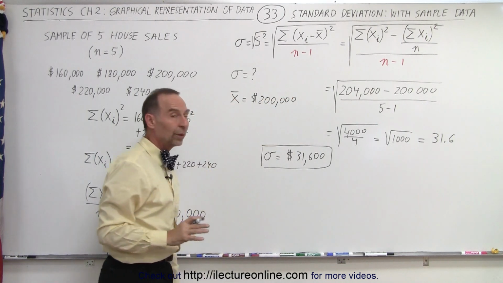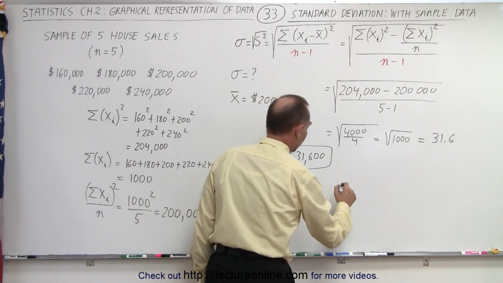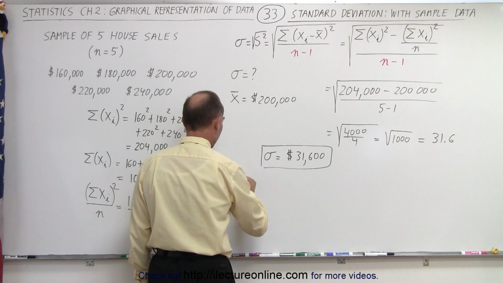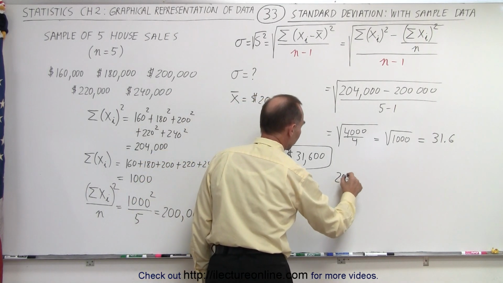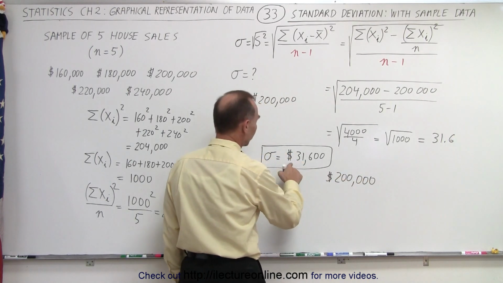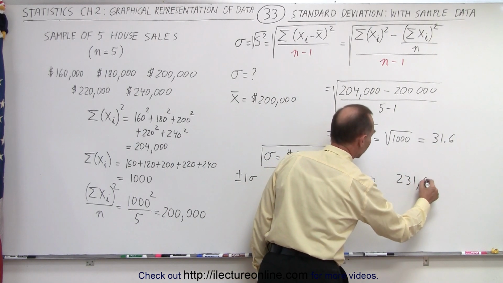So now we can see that if we're going to add and subtract one standard deviation, we can say that the mean plus or minus 1 sigma gives us a range from $200,000 all the way up to plus 1 sigma, which is 231,600.